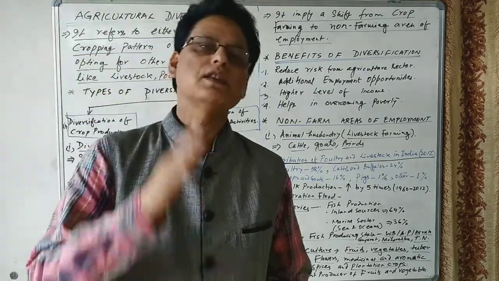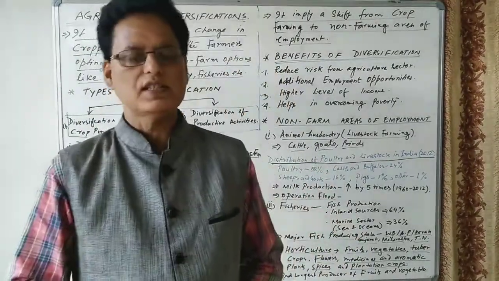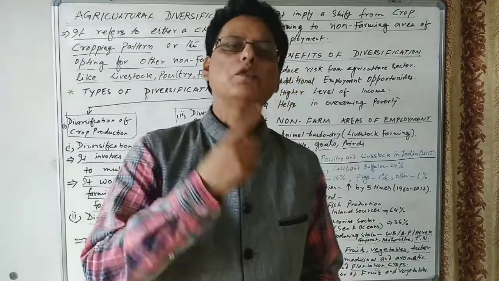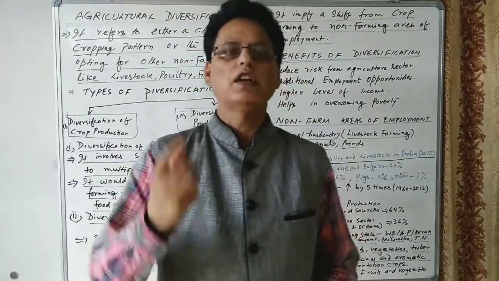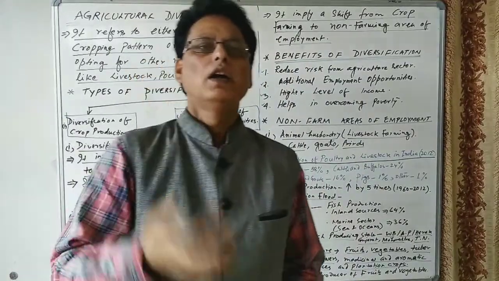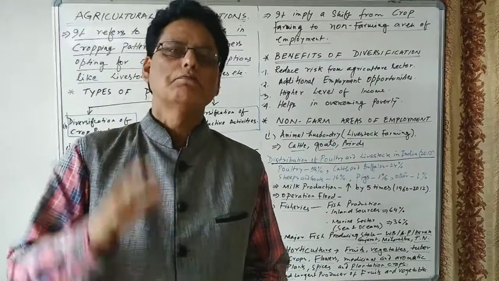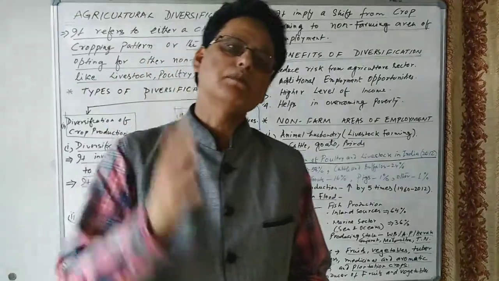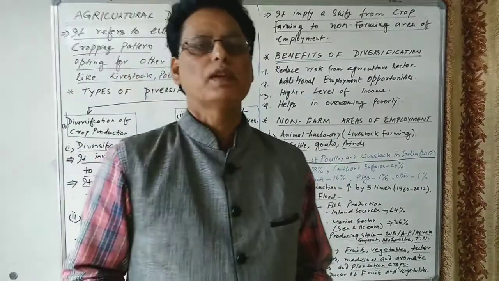Single cropping system means during one agricultural season, suppose the Kharif season or Rabi season, only one crop is cultivated. Suppose during the Rabi season only wheat is cultivated, or during the Kharif season only paddy is cultivated. But the farmer must opt for a multiple cropping system.